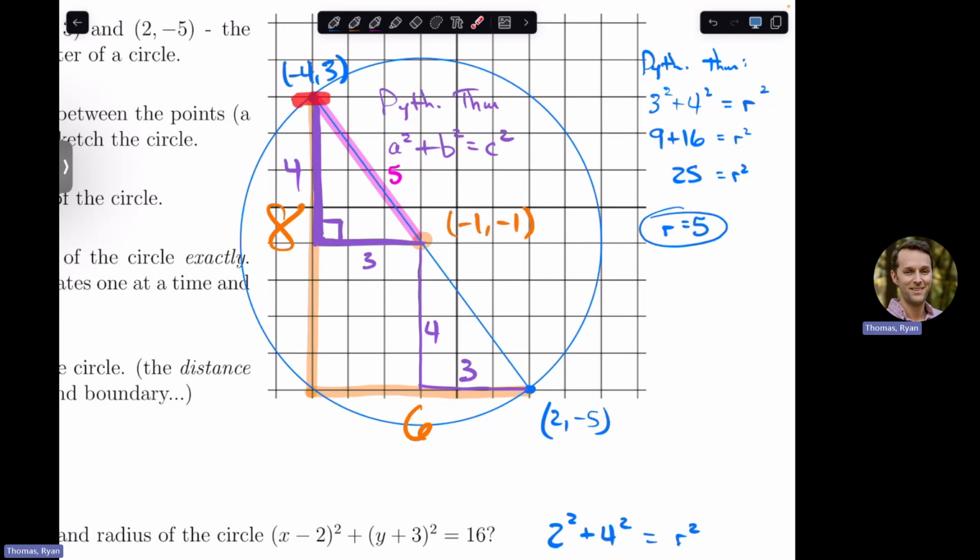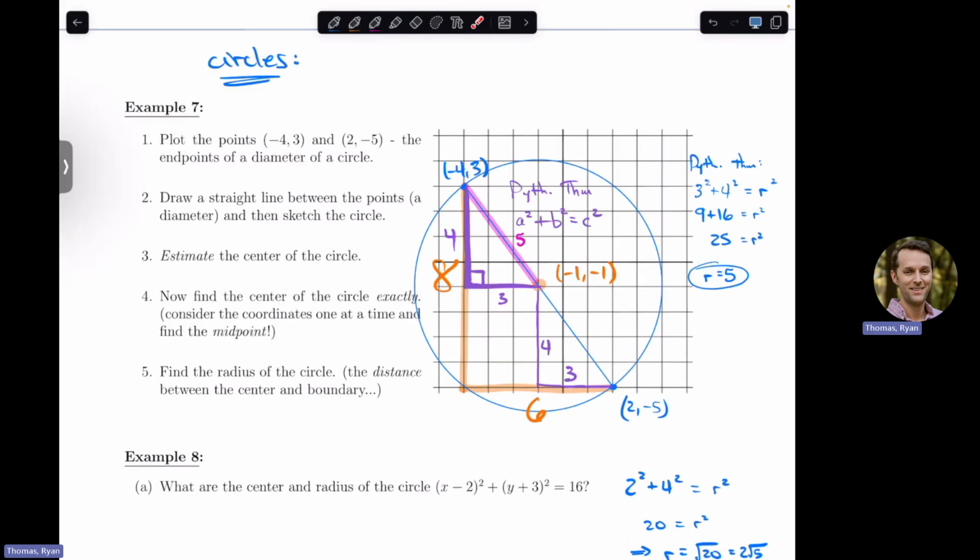Really what we're doing is figuring out how far apart the y values are. So you can do that by counting, or you can just do it by subtracting. And then same idea here for the x values, either by counting, which, if we're looking at a square grid, makes a lot of sense and is maybe more straightforward, or you can just get it by asking how far apart are those? Same idea.